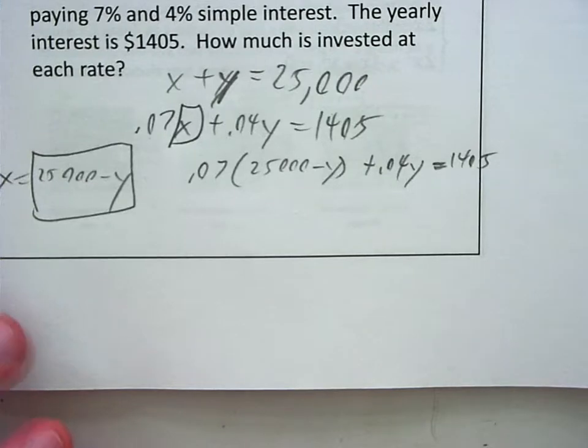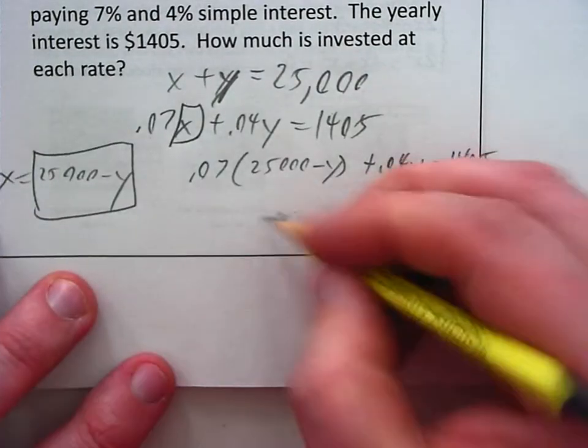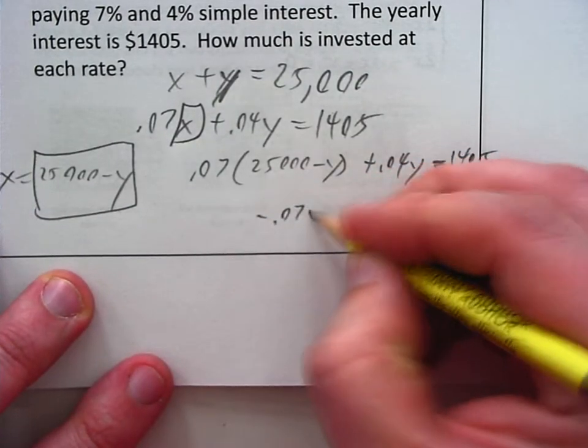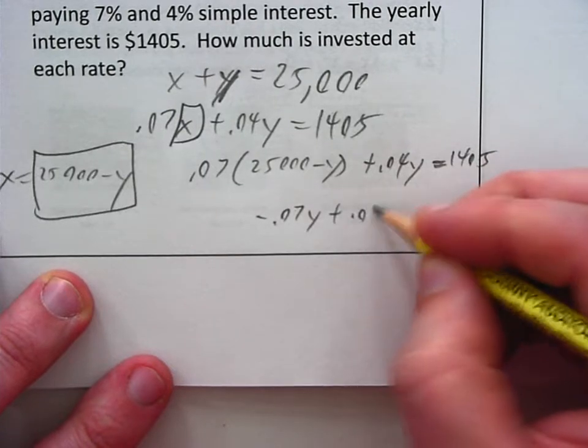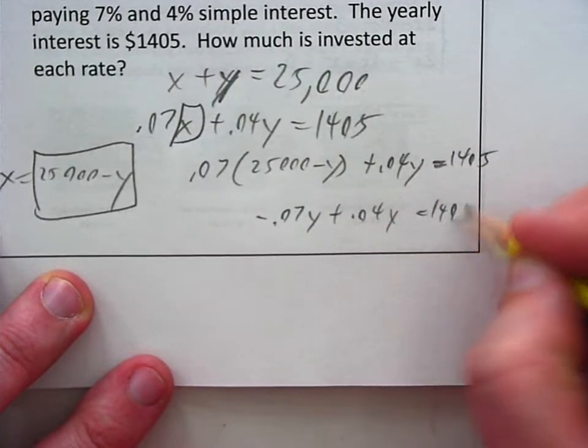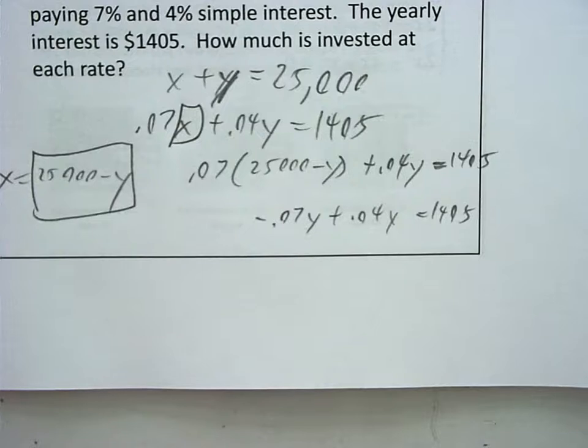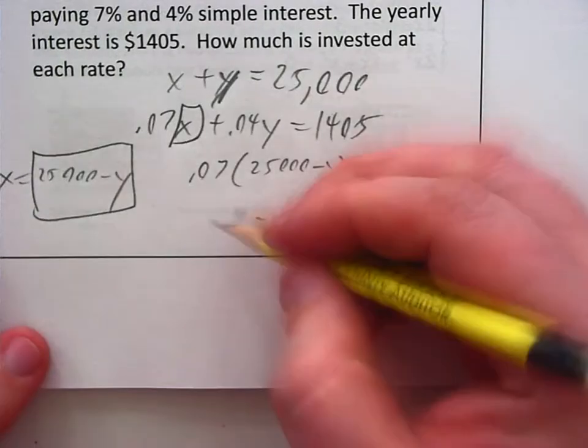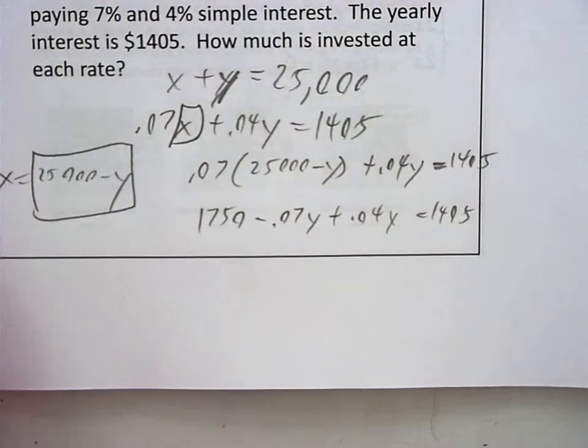What do you get when you distribute the 0.07? Move the decimal a couple times, you get 7 times 250, so that's what, 1750? Yeah? Okay. Then what?